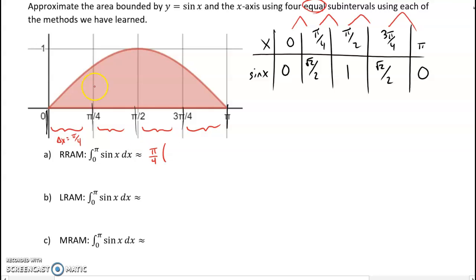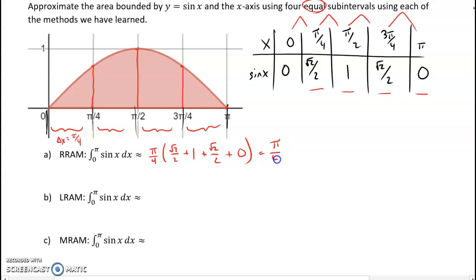We're going to use the right endpoint. So we're going to use pi over 4, pi over 2, 3 pi over 4, and pi for our heights of our rectangles. So that's going to be these 4 y values: root 2 over 2, 1, root 2 over 2, and 0. So we can add things up here.